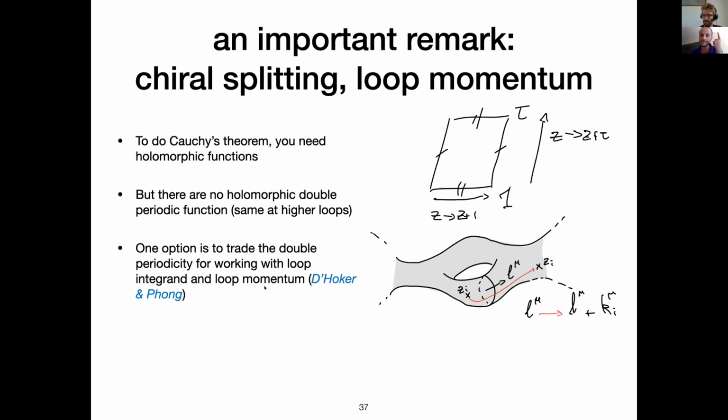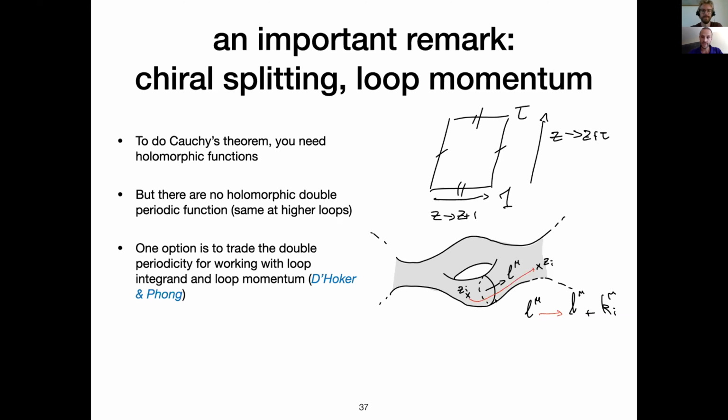So one way out of this is to relax. So the thing is that the string amplitudes are not integrals of holomorphic functions. You have Im z entering, as you've seen in Federico's slides yesterday. And one way out of this to restore holomorphy of your integrand is to go to this chiral splitting formalism, which introduces explicitly variables that in field theory are loop momentum.